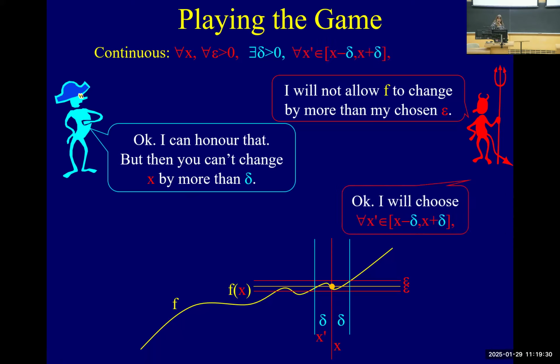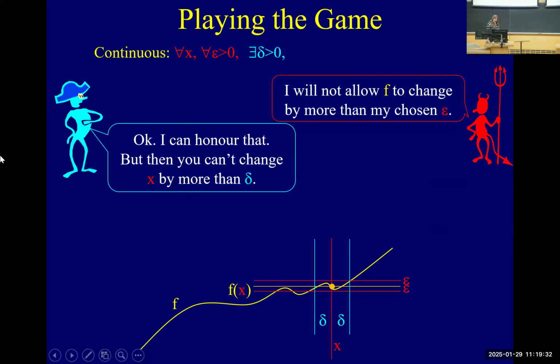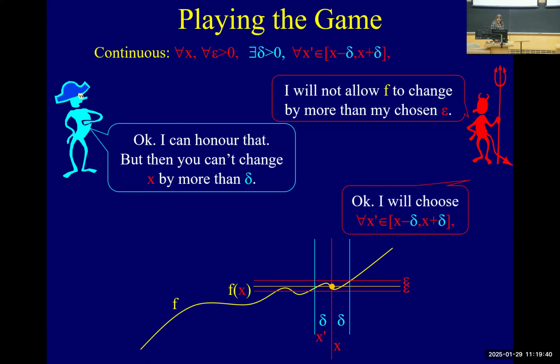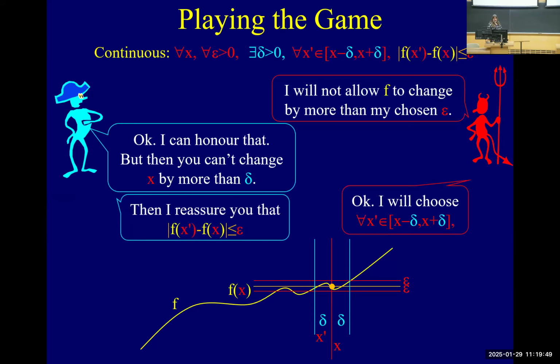I say you've got to keep your x within the delta, and as long as you do that, we're good. So he says, what does that mean? I can come up with any x prime that's within that delta. And that says, great. If you give me an x prime that's within your delta, I will assure you that my f doesn't change by more than epsilon. Everybody getting this game?